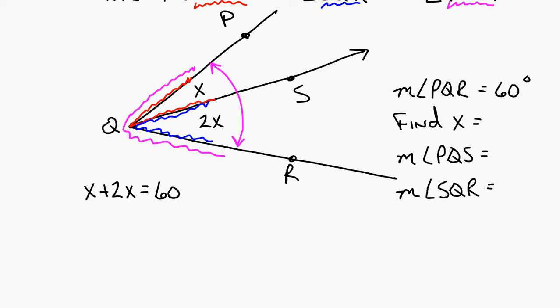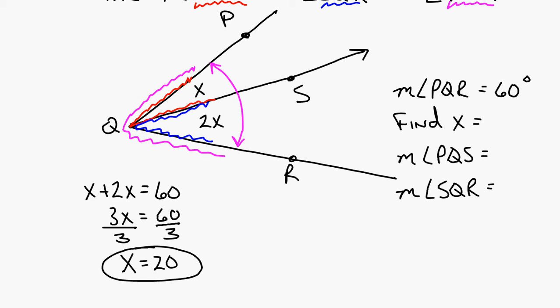So you can combine like terms. So 3x would equal 60. You would divide each side by 3. X would equal 20. So if x is equal to 20 degrees, PQS would be equal to 20. And SQR would equal 40.